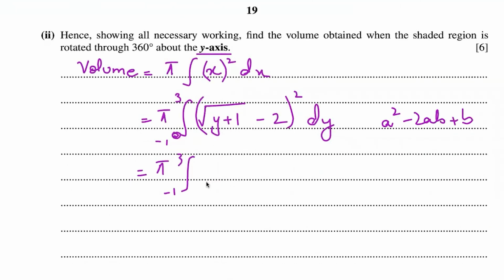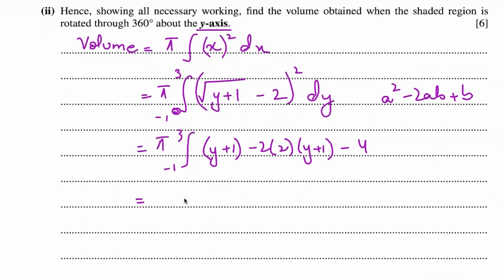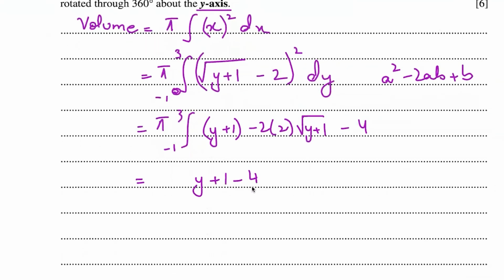So this would become y plus 1 minus 2 times 2 into square root of (y plus 1), which is 4 into square root of (y plus 1), plus 4.